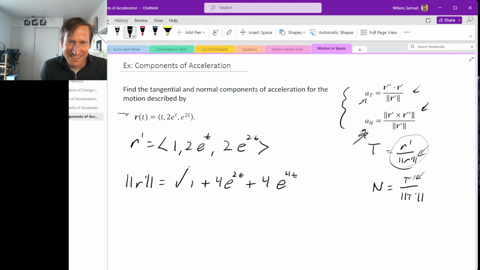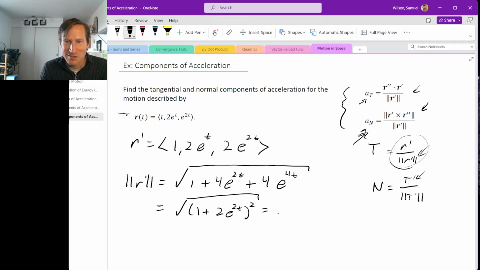Note that this doesn't always happen, but this is set up so that this is actually a perfect square. This is 1 plus 2e to the 2t squared. So this is 1 plus 2e to the 2t.